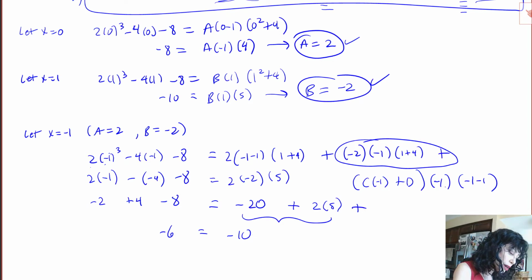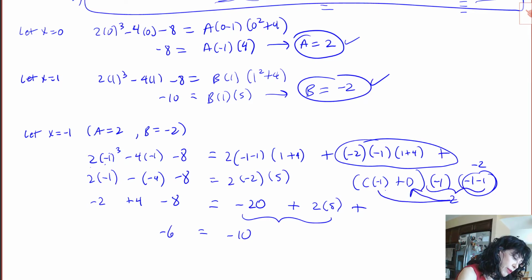Plus, now over here we have -1 times -2, but that's a +2. And so what I'm going to do is distribute this +2 over the sum. So I'll have 2 times -1 times c, but that's -2c plus 2 times d. So I have -2c plus 2d.